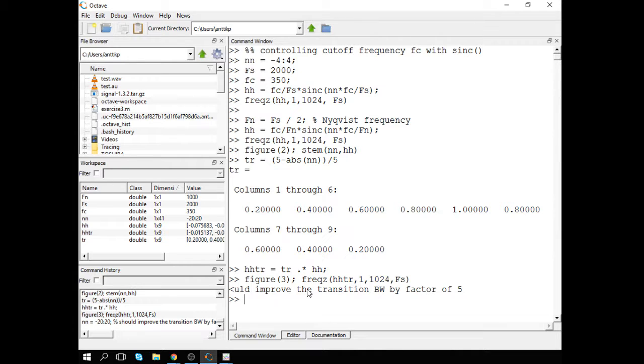Oh, the command disappeared, but anyways, that's the command. There we go. And we have to calculate everything over.